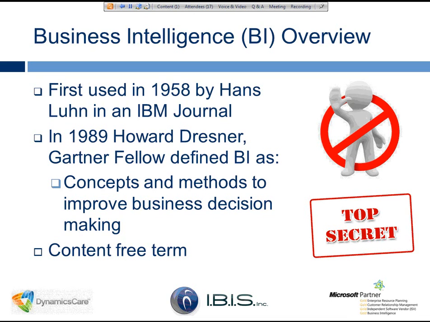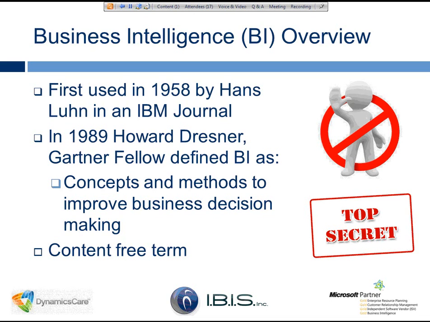In 1989, Howard Dresner, a Gartner Fellow, defined BI as the concepts and methods to improve business decision-making using fact-based support systems. The definition continues to evolve, and what we find is that BI today is still a content-free term.